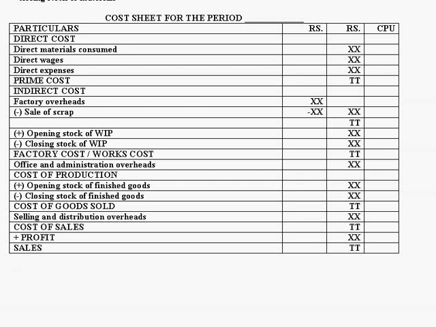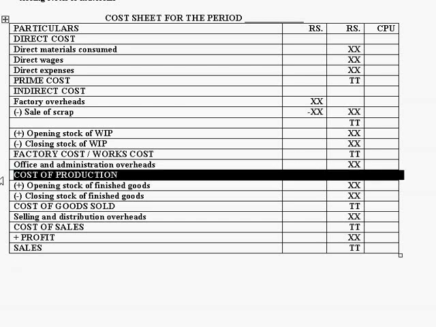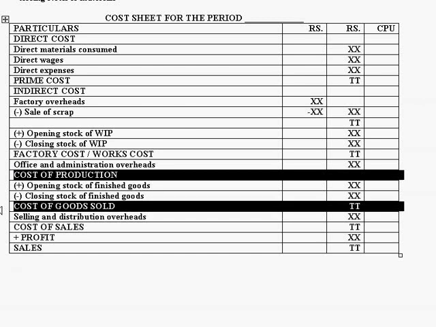Where? Before or after cost of production? Perfect. You have not produced those goods, yes? So obviously it is not to be included in your cost of production. But you have sold those goods, so you should include it in the cost of goods sold. You can't include it before cost of production, but you have to include it before cost of goods sold.